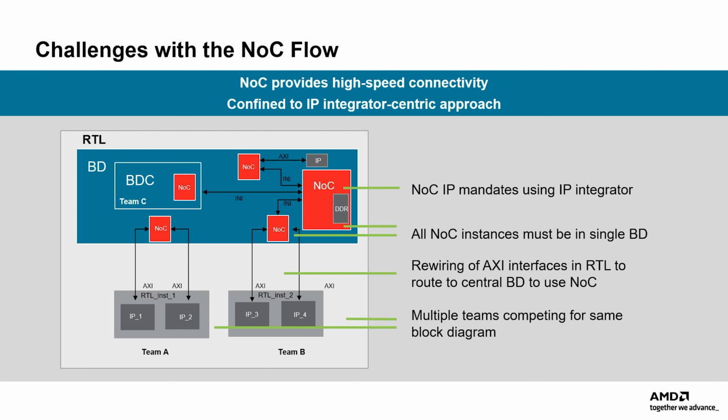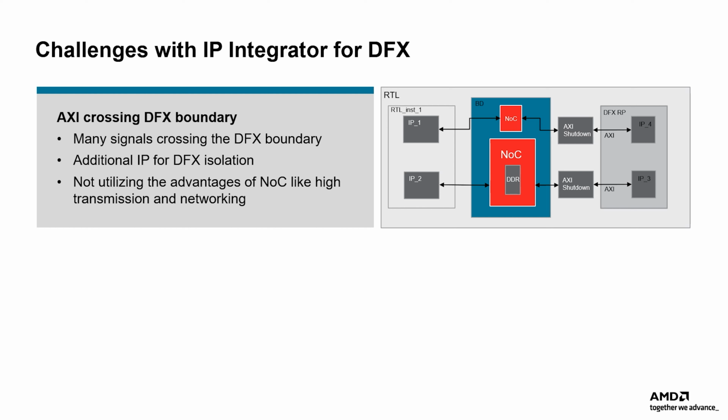If the reconfigurable partition is using AXI interfaces instead of the NoC, users need additional IPs, such as the AXI shutdown IP for a safe working environment and the DFX decoupler IP for logical isolation capabilities. This often complicates the design and increases the required resources. Additionally, by not leveraging the advantages of the NoC, the design misses out on potential performance and scalability improvements.